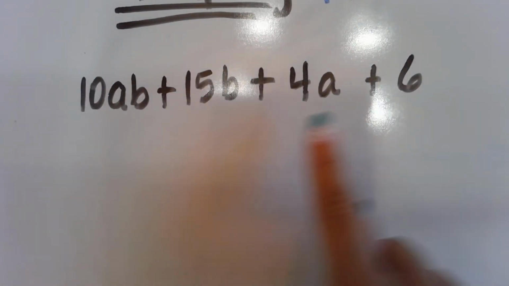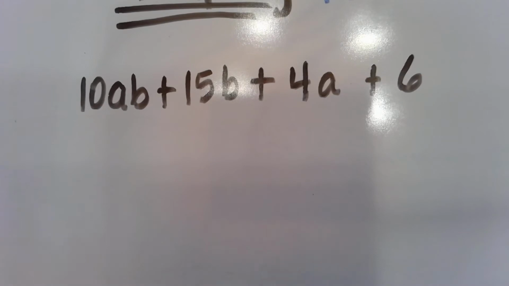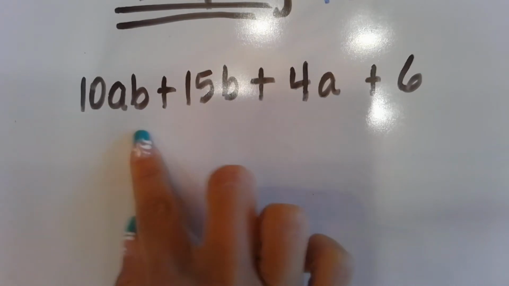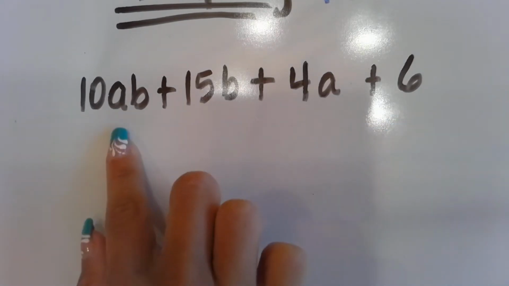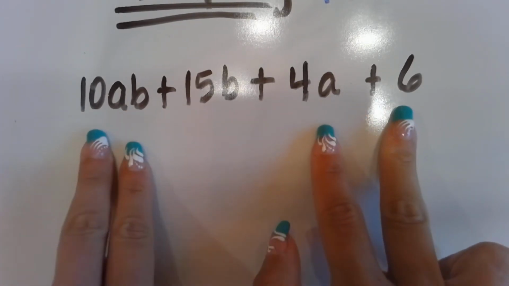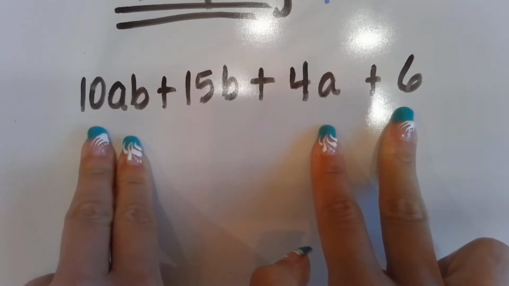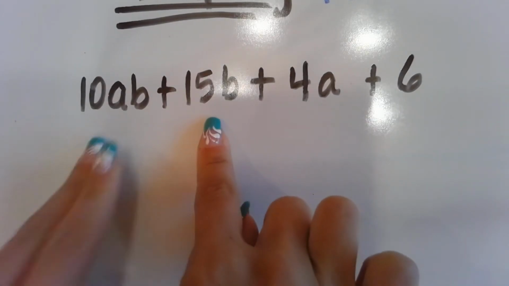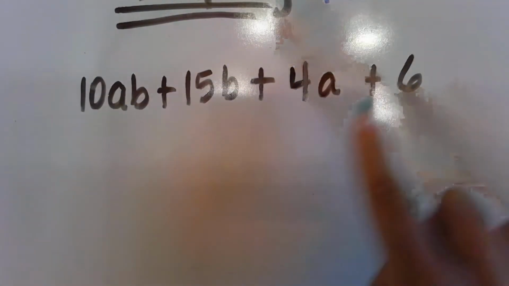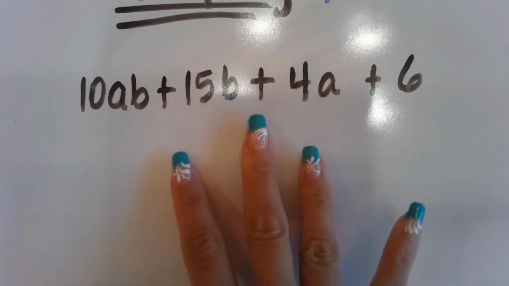This one does not have a GCF, but that should always be your first step. Ask yourself, does it have a GCF? And this one does not, because 10, 4, and 6 might have a GCF of 2, but 15 can't be divided by 2, for example. So we have to look at something that can go into all of them. So there is not a GCF.